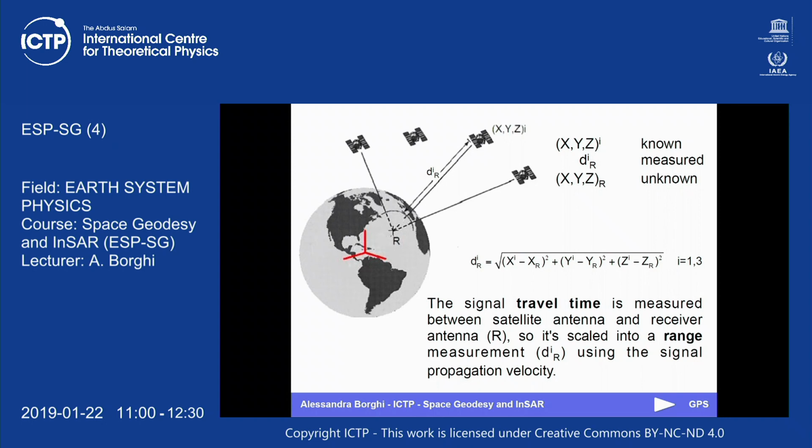Now I focus just on how we can obtain our position. What we don't know is, for instance, the Cartesian coordinates of the receiver, x, y, z. But what we know are the Cartesian coordinates of the satellite.